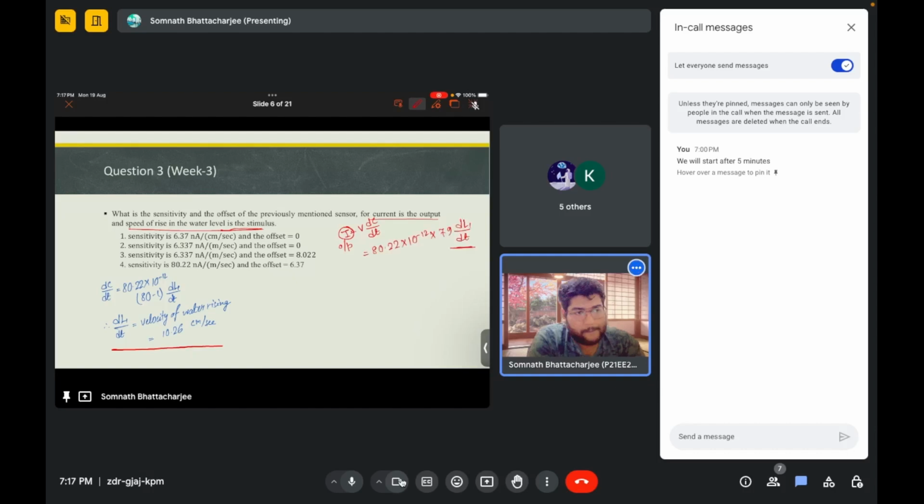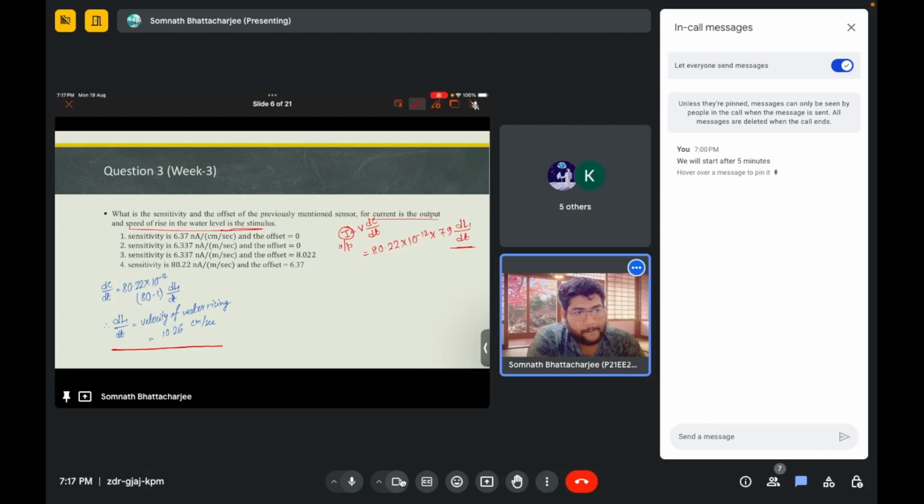So how to calculate this? Change in current with respect to change in the speed of rise. So this is our input or the stimulus, and we'll get the output by input from this equation, and we'll just multiply this.